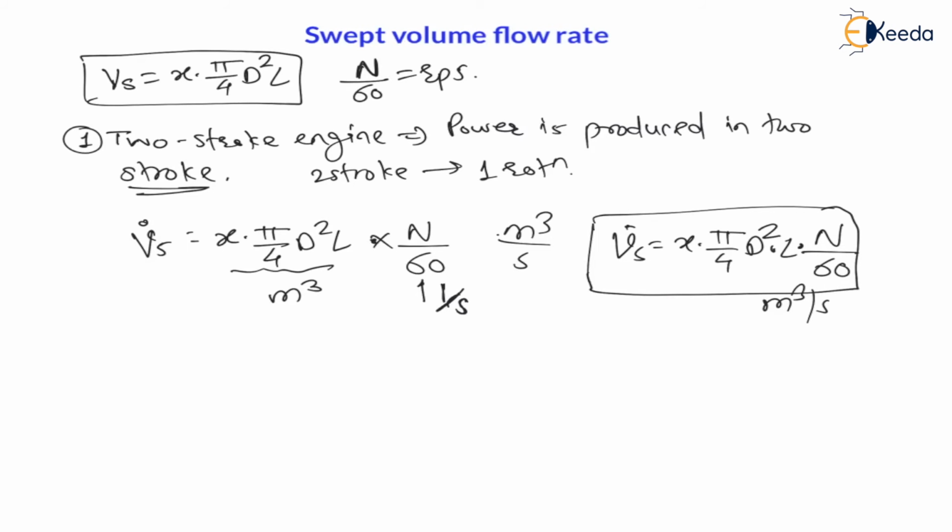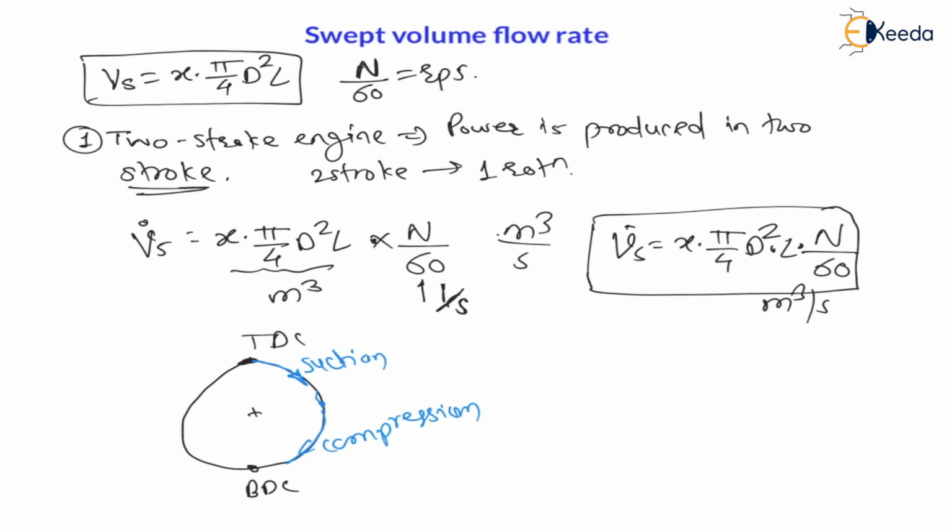Now that means for one complete rotation of the crank, there will be one power stroke, right? Let us say this is the top dead center position, and there is a bottom dead center position. During this one complete rotation, there will be a suction. After suction, there will be a compression.